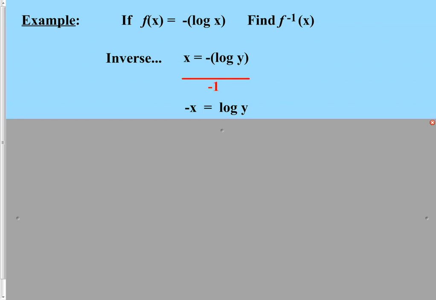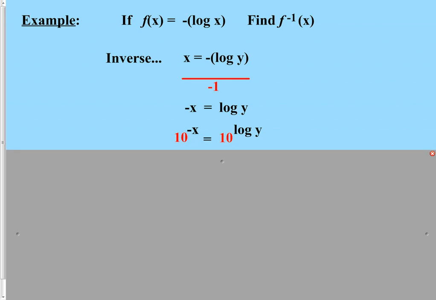So basically what we're going to do is apply 10 to both sides of the problem. 10 to the negative x on the left and 10 to the log of y on the right. This is just a mathematical operation. I know y'all don't understand exactly what it does to the problem or how it behaves, but just understand that a base 10 and a logarithm are natural enemies of each other. They will cancel each other out.